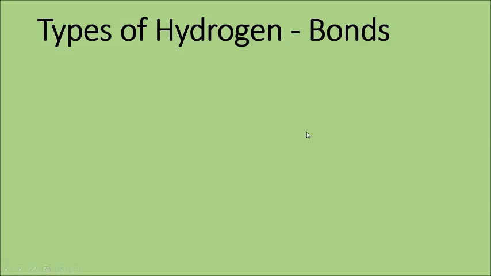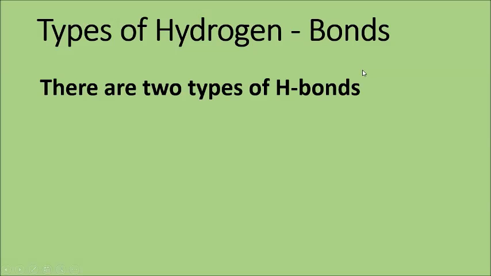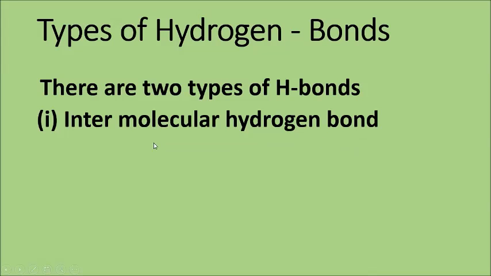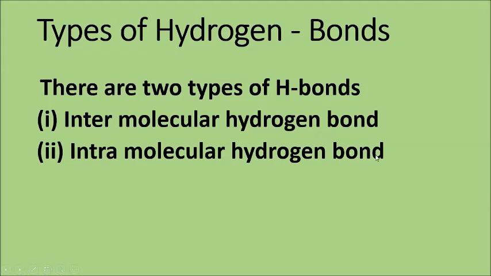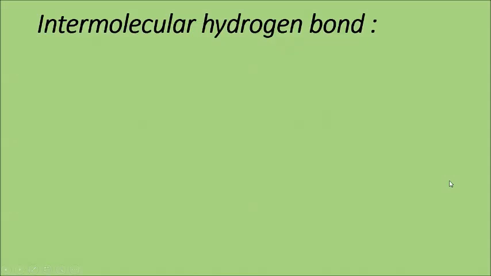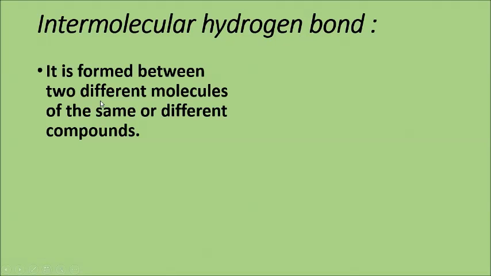Now let's see the different types of hydrogen bonds. There are two types: intermolecular hydrogen bonding and intramolecular hydrogen bonding. First, we will see intermolecular hydrogen bonding. It is formed between two different molecules of the same or different compounds.